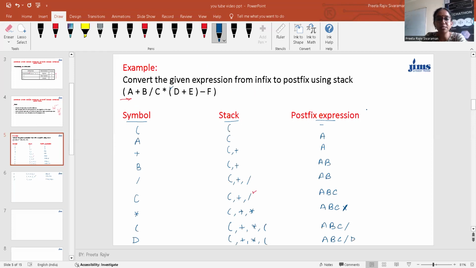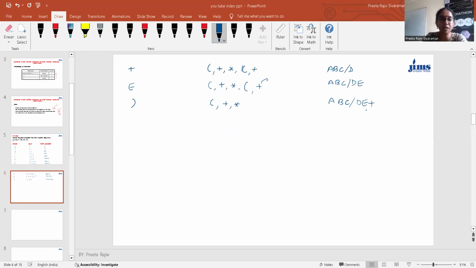Now, the next symbol scanned is minus. Where will it go? It will go into the stack. Now, minus is coming into the stack, and since multiply is already there and it is of higher priority, the multiply is popped out and the status will be opening bracket and plus.